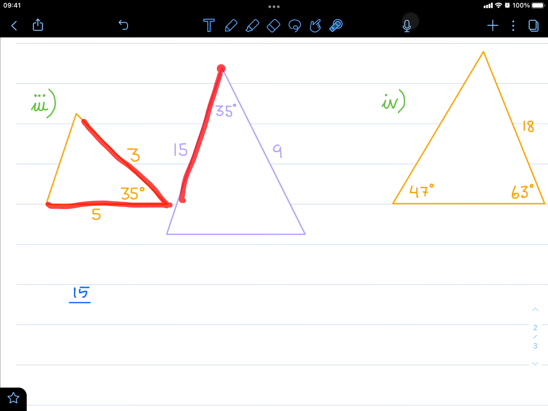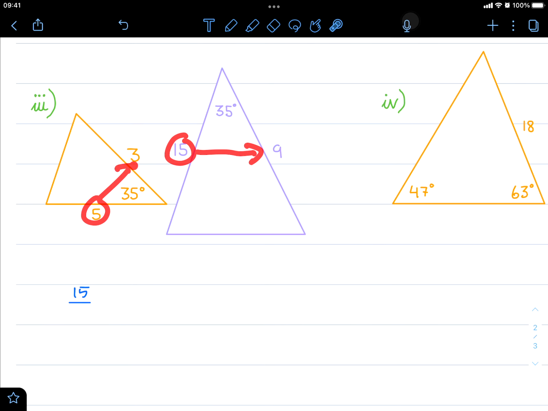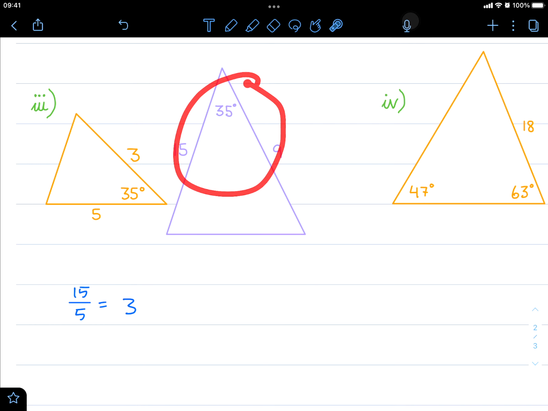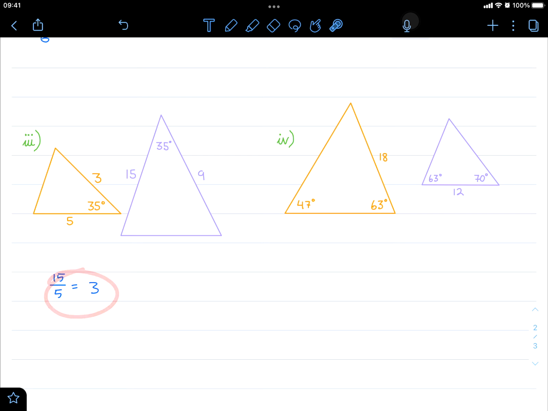Therefore, 15 is bigger than 9. So 15 is bigger than 9, and 5 is bigger than 3, which means 15 and 5 correspond to each other. So it needs to be 15 over 5. So 15 divided by 5 gives us 3. This means the purple triangle is 3 times bigger than the orange triangle. That is the scale factor there, 3.